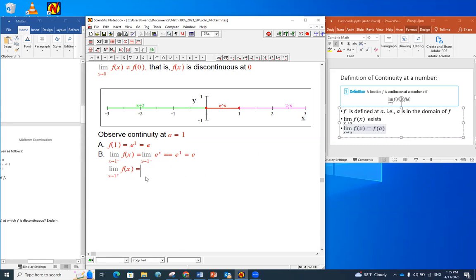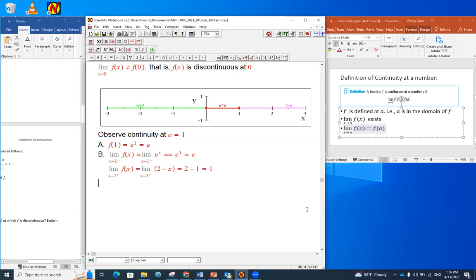In that case, 2 minus x is the rule. Direct substitution is 2 minus 1, which equals 1.